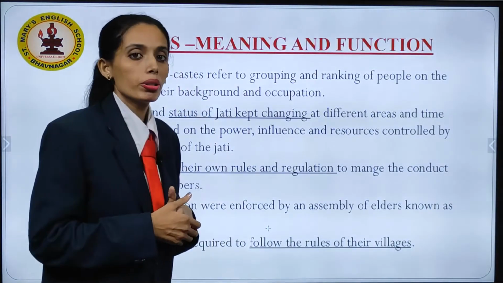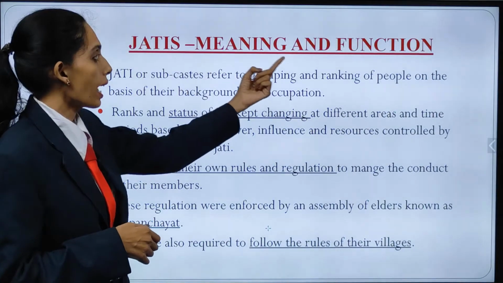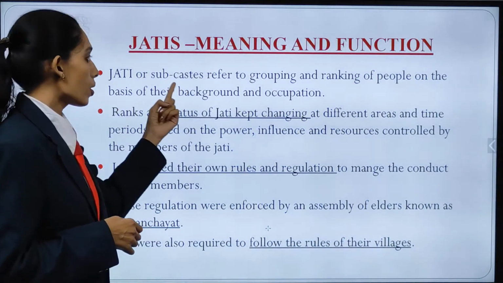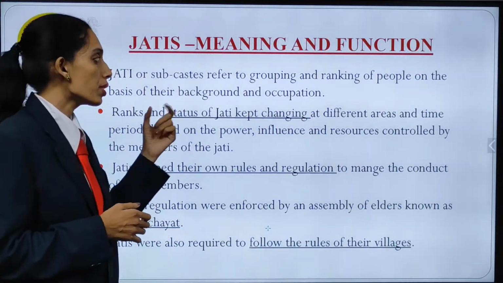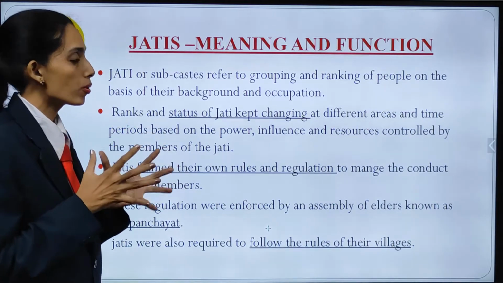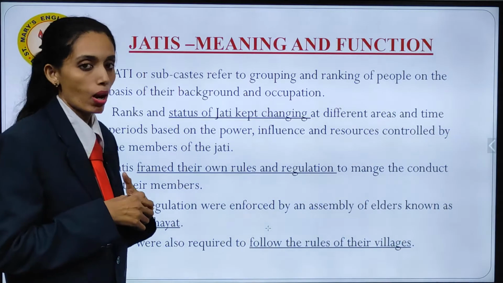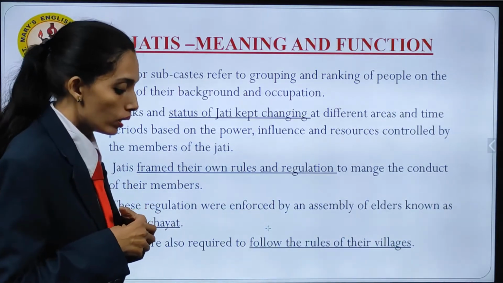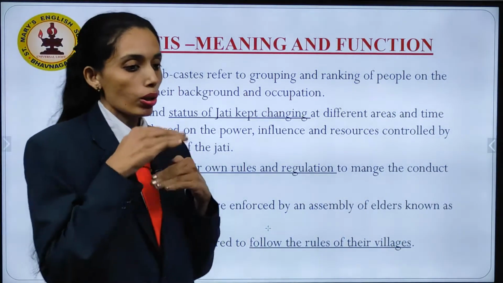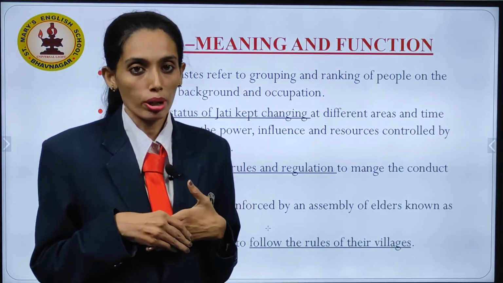Here you will see about Jatis, meaning and function. Jati or subcaste refers to a group and ranking of people on the basis of their background and occupation. In the earlier time period, occupation was given much importance.